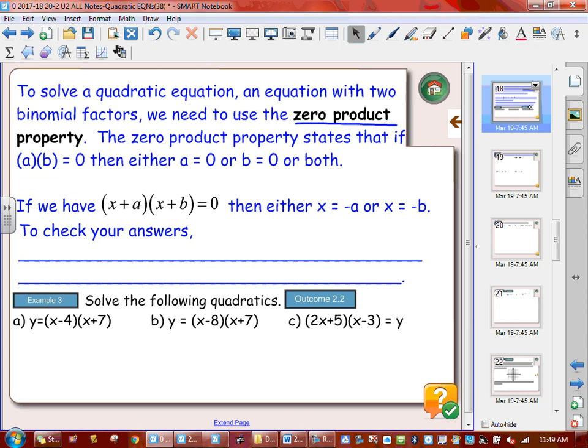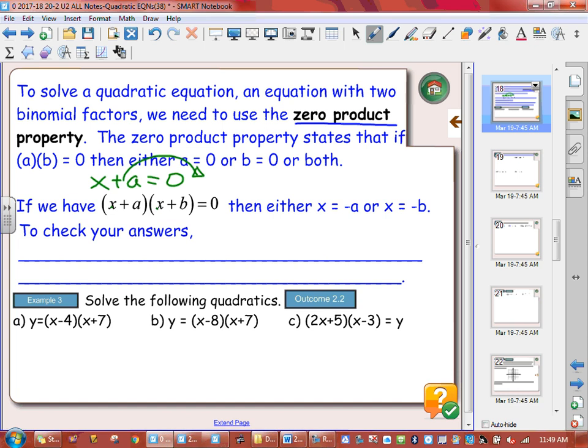So, for example, up here, they have x plus a and x plus b. What they've done is they've made x plus a equal to 0. Then they took the a to the other side. How do you remove a positive a? Subtract it, so we become the negative a.